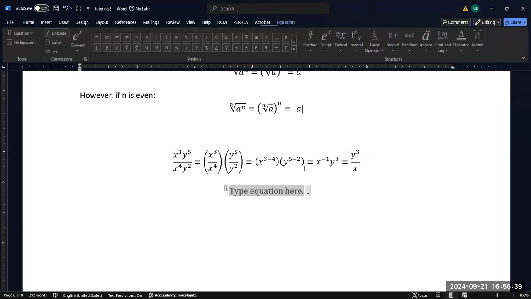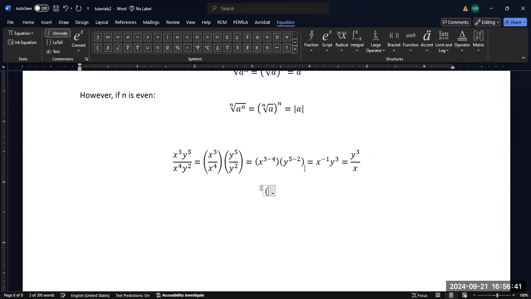You can, of course, get much more complicated expressions. a to the -3, b squared to the 4th divided by a to the -7, b to the 12th.